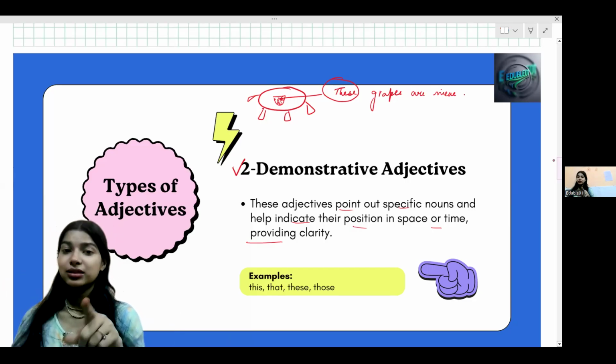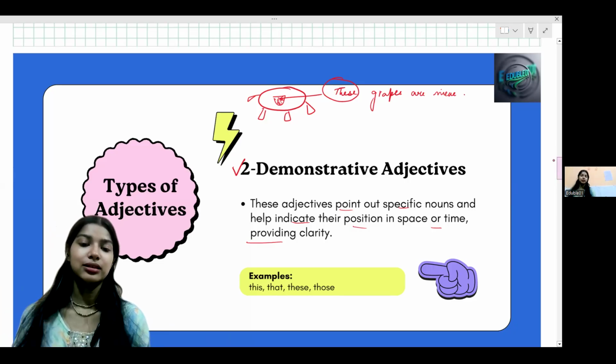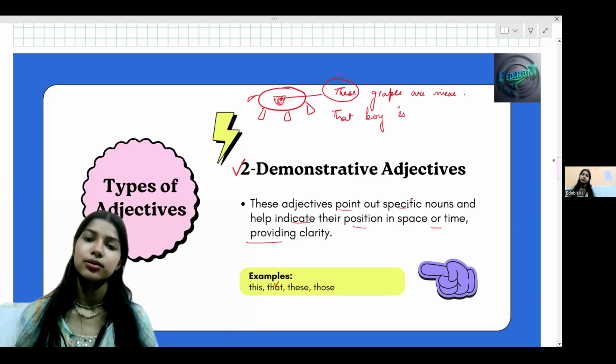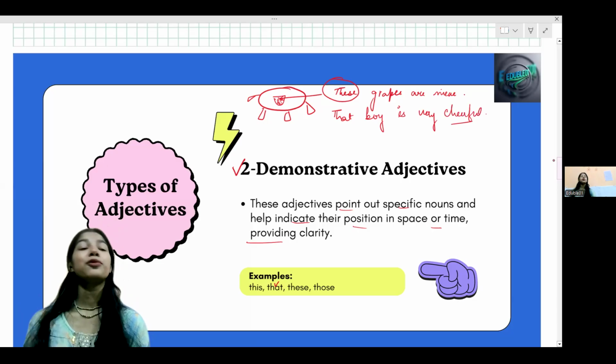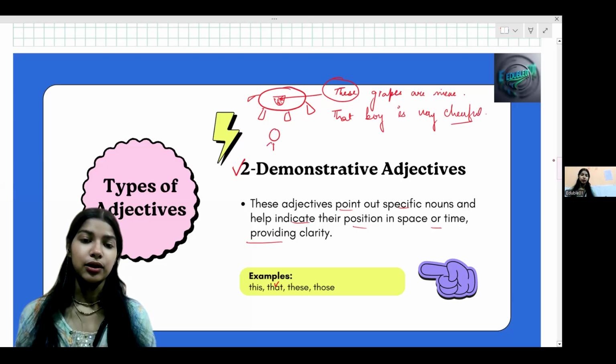So we are pointing towards the grapes, right? Next, let's say, that boy is very cheerful. Let's say I'm pointing towards a boy and saying, this is a boy, and he is really very cheerful.